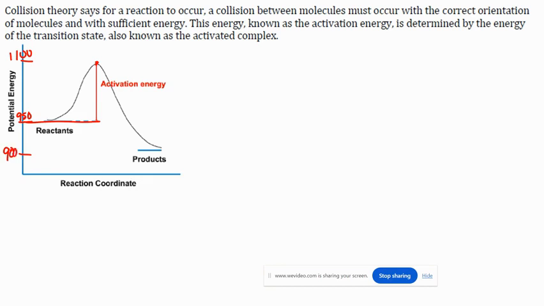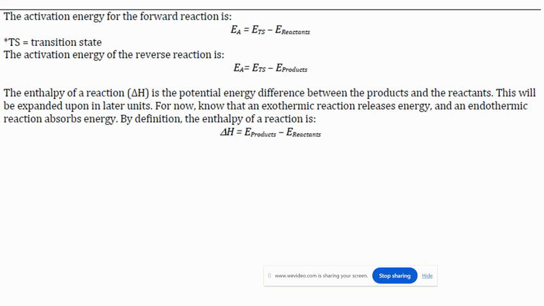Okay. And then the energy that was given off during the reaction would be 50. All right. So again, like I was just showing you, the activation energy of the forward reaction is given here. And then the reverse reaction would be just the opposite. Okay.